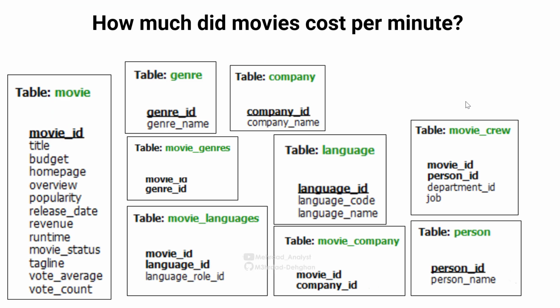To have a better understanding of the tables, I made 10 slides based on the 10 business questions. In each slide you can see the tables with their entity types. For example, here you can see the table of movie and its entity types, or genre, company. Why did I do that?